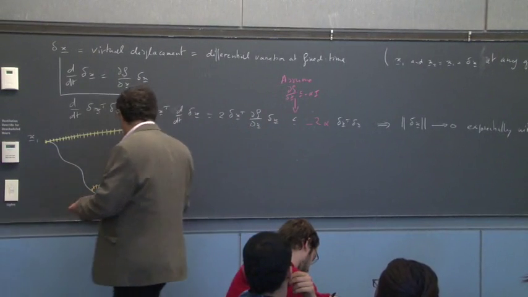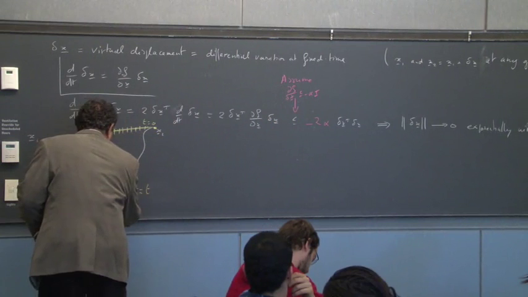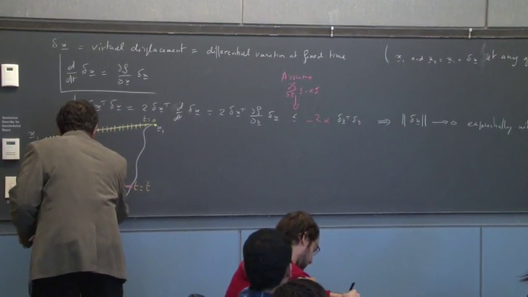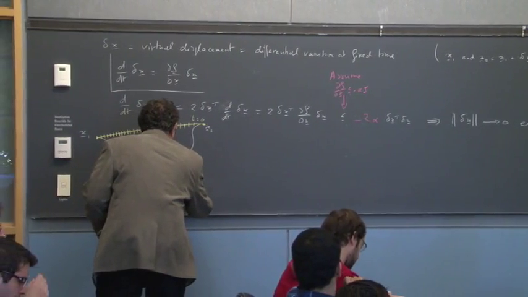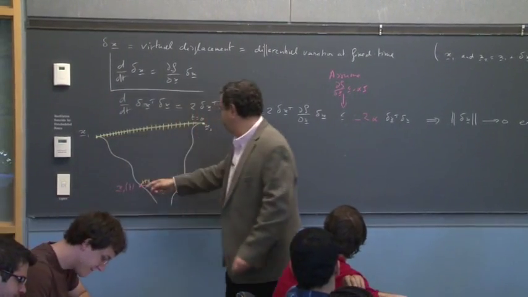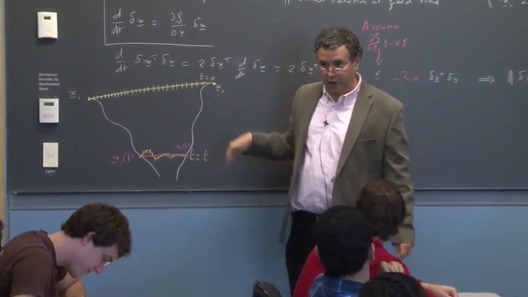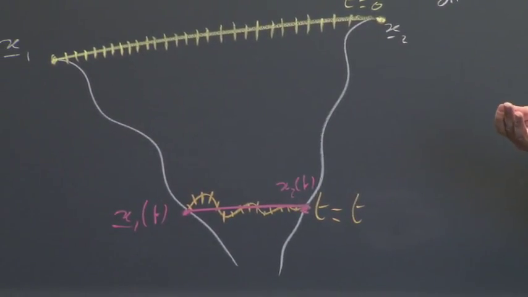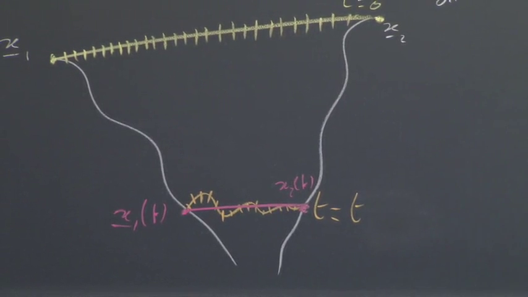But of course, if we now do the straight line segment between where these two points x1 of t and x2 of t are, that line segment is of course smaller than the orange thing, so it's also less than the initial value e to the minus alpha t.